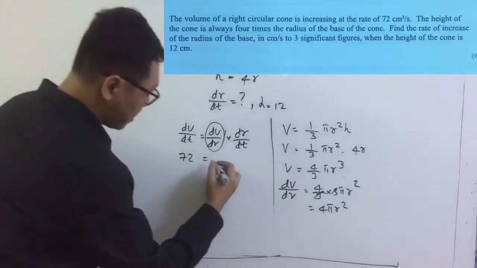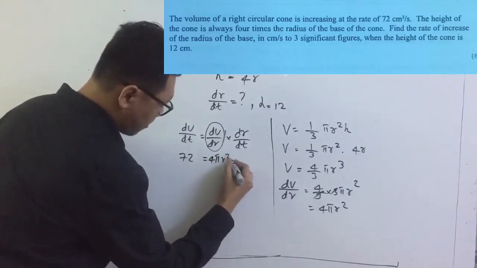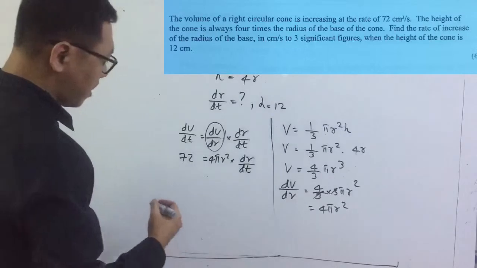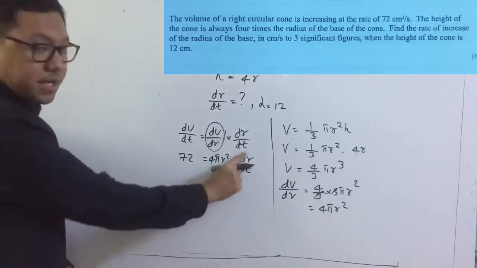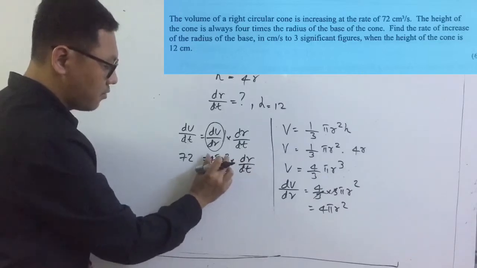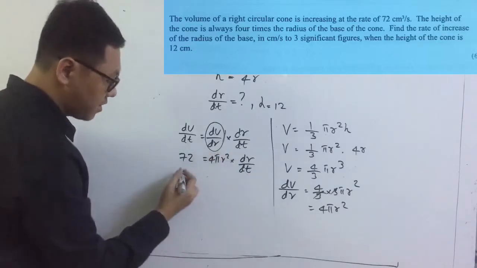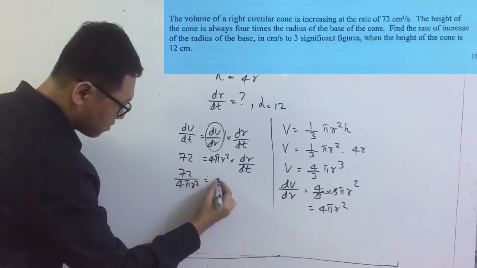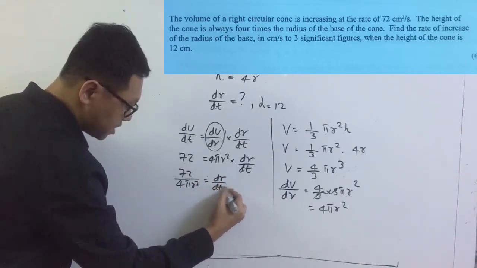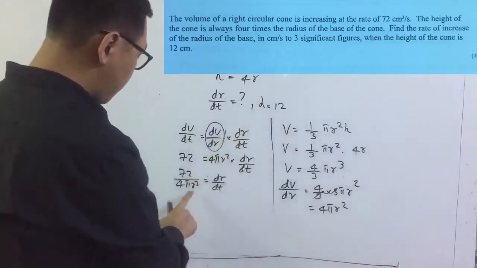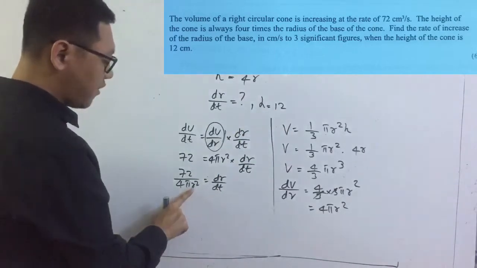So I'm going to plug it in here: 4 pi r squared times dr by dt. Then you have to find dr by dt. This is multiplying, so you have to move it to the other side. It should be divided. 72 over 4 pi r squared is equal to dr by dt. And then we have to plug in the r value here.